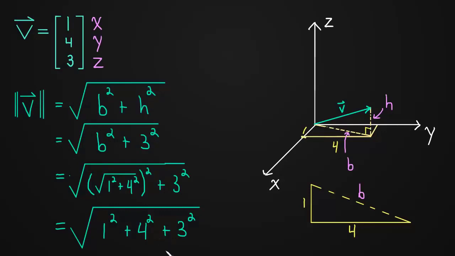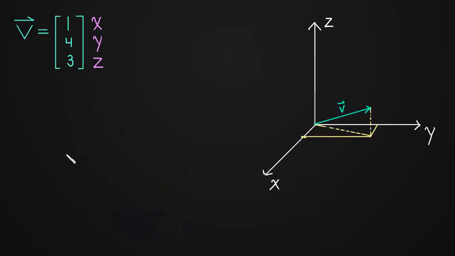Okay, let's do another example. Let's say we have u is equal to, I don't know, 1, -6, 4. What is the length of u?